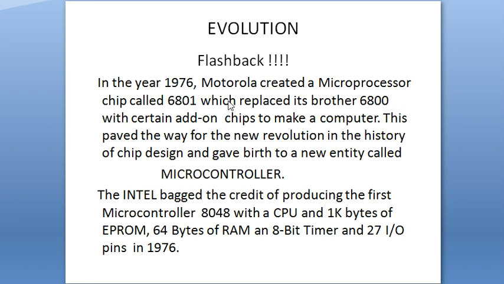This series of microprocessors was introduced by Motorola, and this is how the evolution of the microprocessor started. In the case of the microcontroller, Intel started with its first microcontroller, the 8048, which had 1 kilobyte of EEPROM and 64 bytes of RAM, and it was only 8-bit. It had an 8-bit timer and 27 IO pins, and it was introduced in the same year, in 1976.